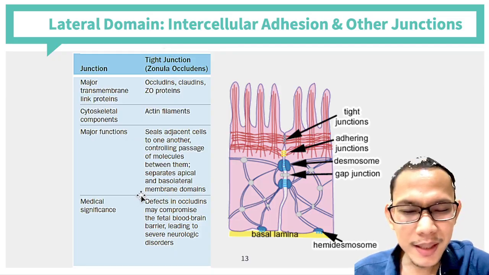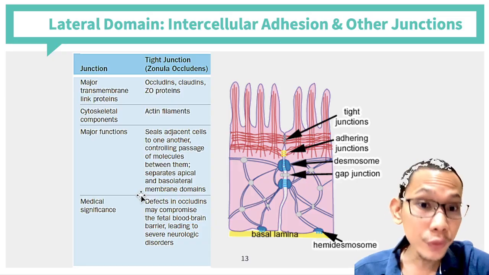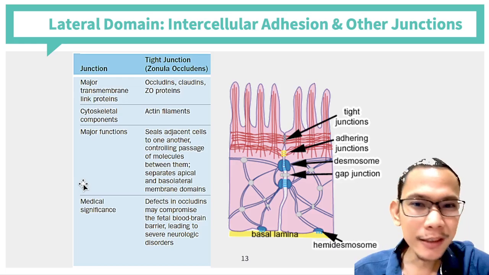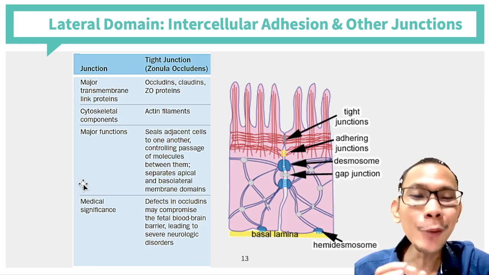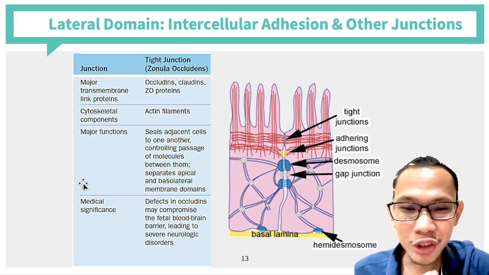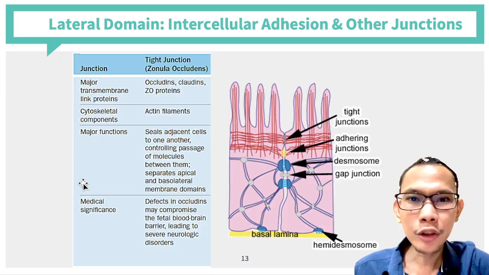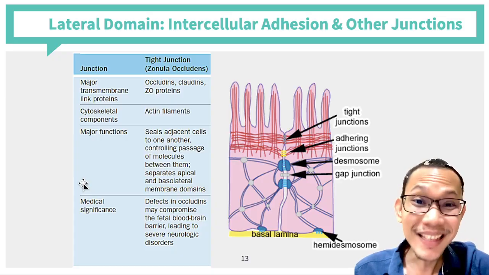Because if we discuss medical significance, you might get confused already because these are pathological. At your level, we are still on normal tissue, histology. But later on, when you reach histopathology, that's the time that you might encounter different diseases.